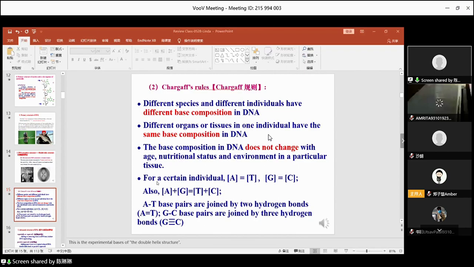And for the last one, you should remember clearly, for a certain individual, the concentration of A equals the concentration of T, G equals C, also A plus G equals C plus T. Okay, so remember this one clearly. Okay, and I will give you some single choice questions here.